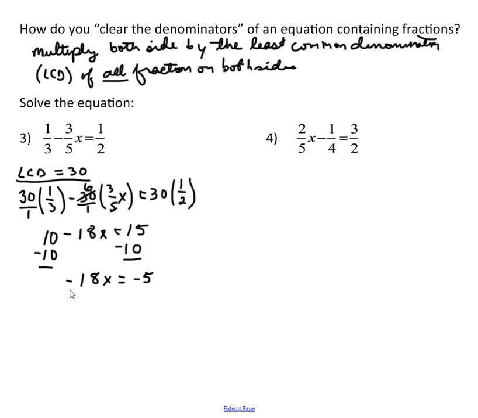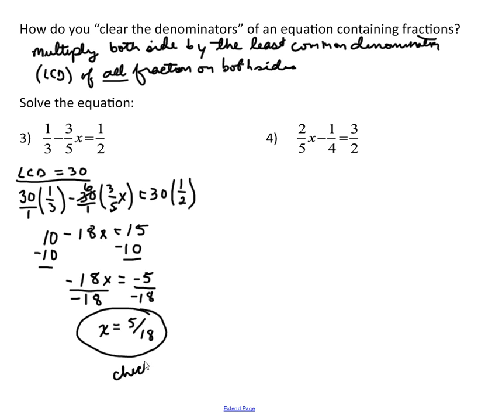And then we divide both sides by negative 18. Now notice that 5 and 18 do not share a common factor, but since both the numerator and denominator are negative, we rewrite the fraction one more time and say that x is equal to the positive fraction 5/18, and this is our solution. We should make sure to check by substitution.